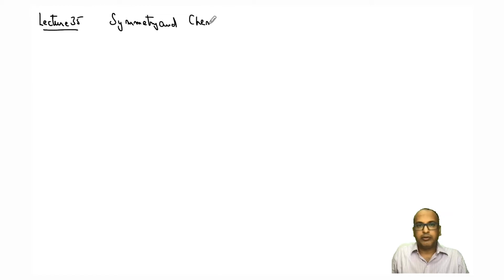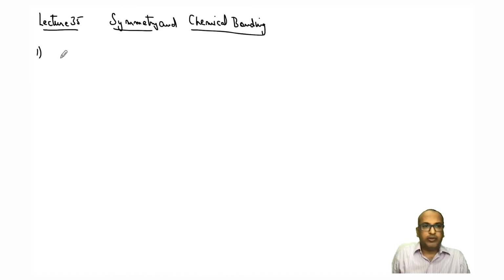So let's start with lecture 35, and we'll be trying to understand the relation between symmetry and chemical bonding. We are well aware that atomic orbitals possess certain symmetry, right?